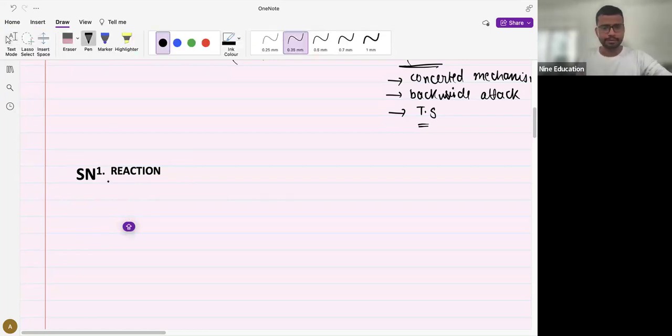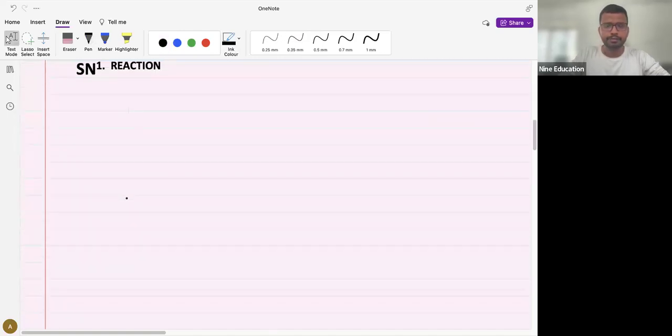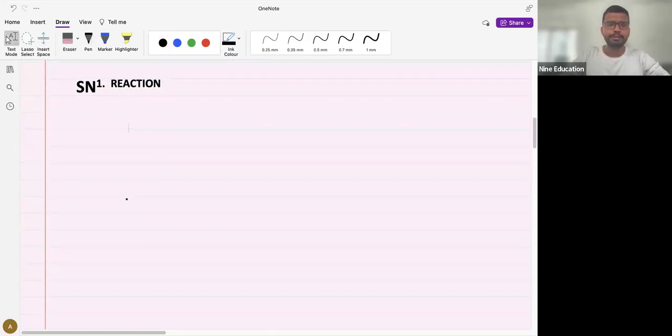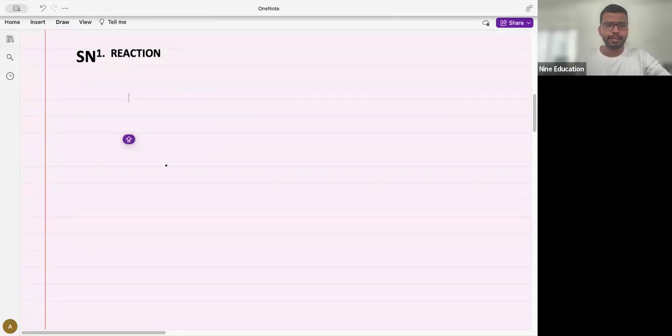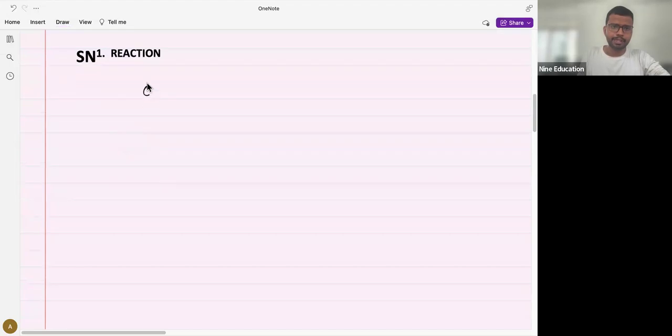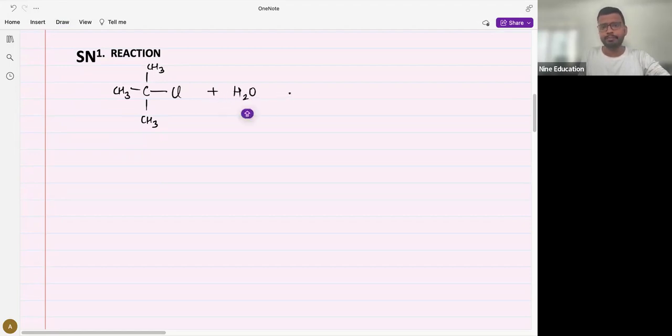say I have this substrate. Let's say I have this substrate in which I have carbon CH3, and here also let's say I have CH3, and if I have here any chlorine atom and I am attacking on this chlorine atom a nucleophile which is a H2O nucleophile.